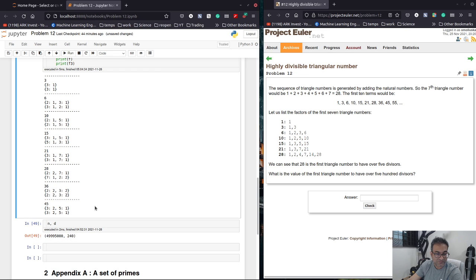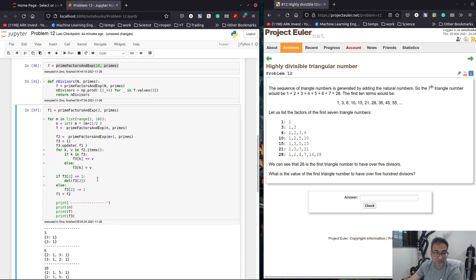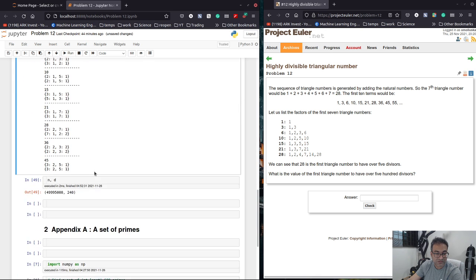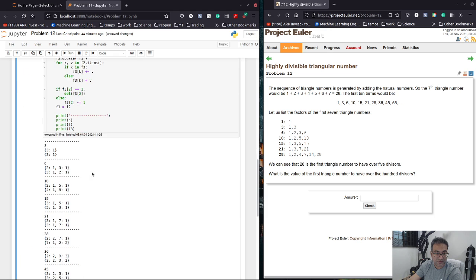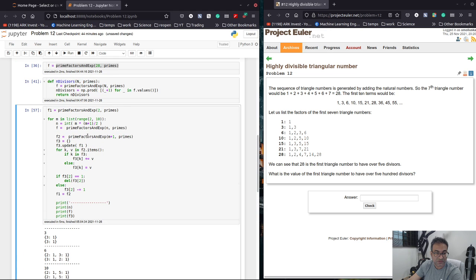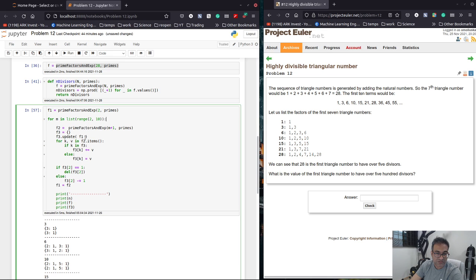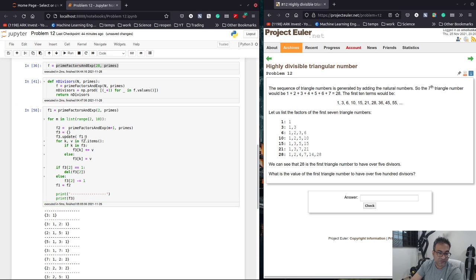Okay, so now that we have this, the result of this, so this should be much faster. We don't need this. We don't need this stuff. N is ridiculously large. Okay. So we have that, and then the divisors we can calculate through f3.